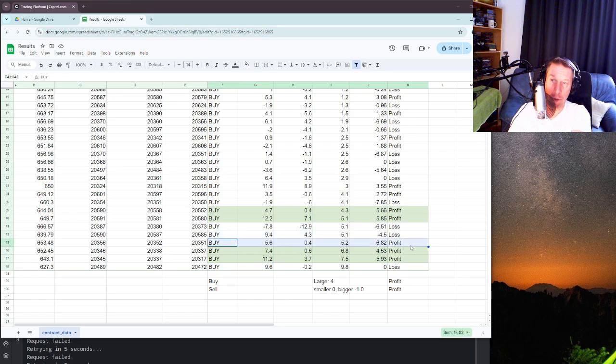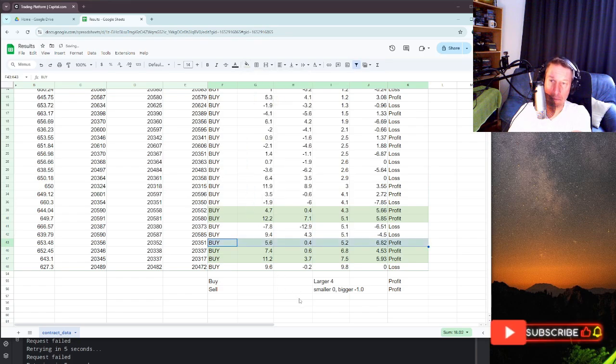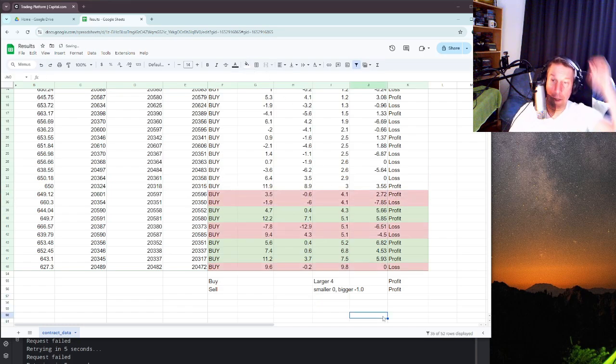I need to paint this one green too. 5 with a histogram larger than 4 was profitable, and these were losses. So yeah, 1, 2, 3, 4, 5, 6, and 1, 2, 5, 6. Wow! Can you count? 1, 2, 3, 4, 5, and 5. So it's even.